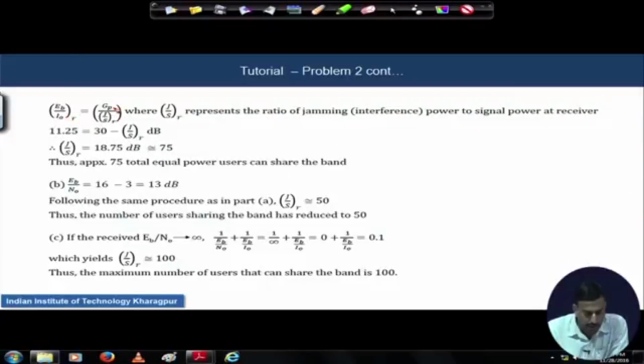So basically we see that we express Eb by N naught in terms of the processing gain, which in turn is expressed in terms of RC and R, and we are in a position to equate it to the jammer power to signal power ratio. It's easier to evaluate it in terms of dB, so we write this Eb by N naught, which we had obtained in the previous slide.